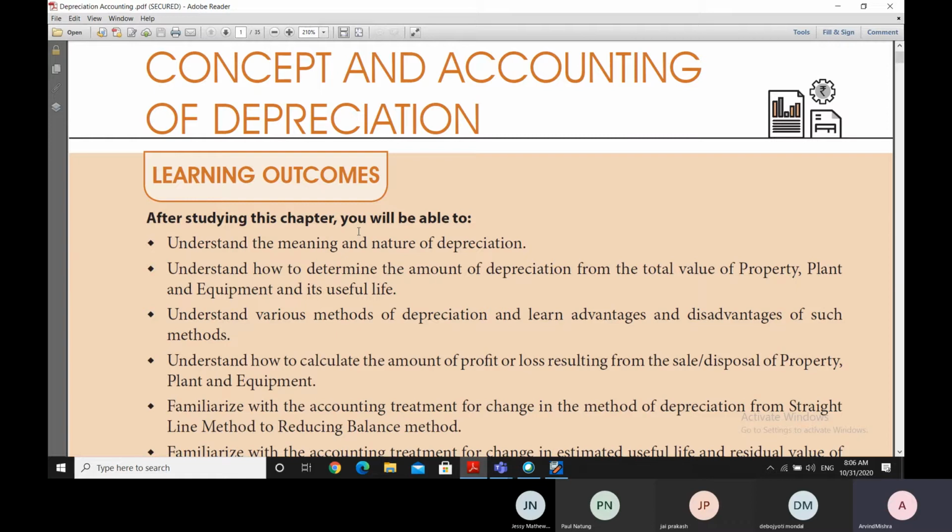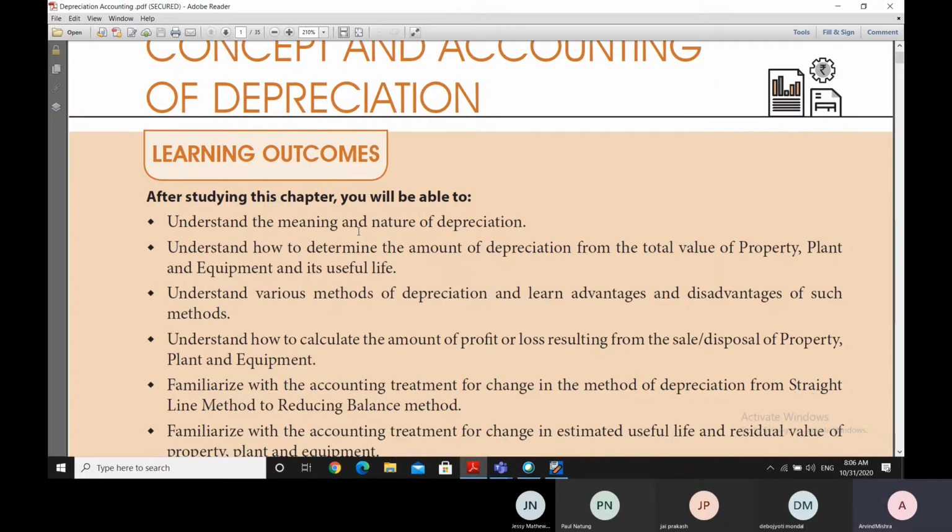So with the help of the total value and useful life, how do we determine the amount of depreciation? We'll also learn different methods of depreciation and the comparative advantages and disadvantages of the methods.